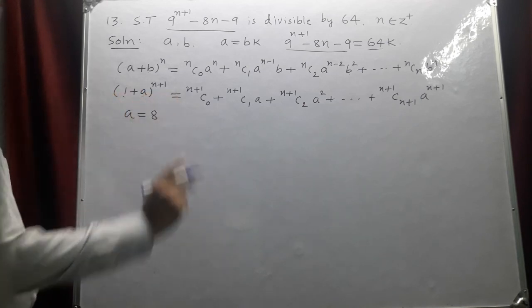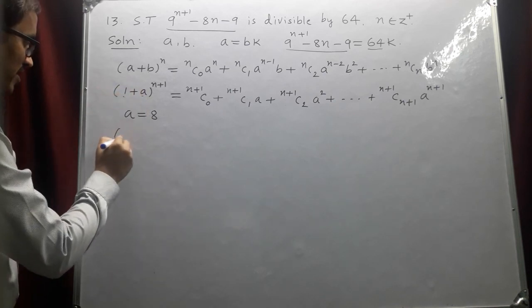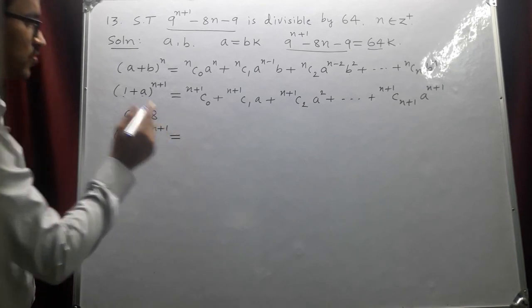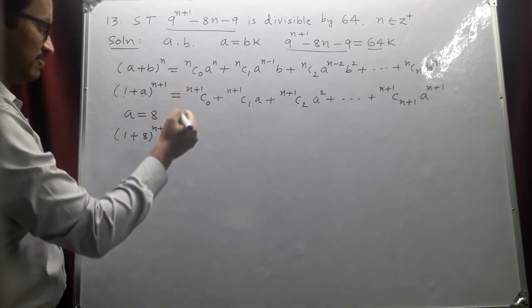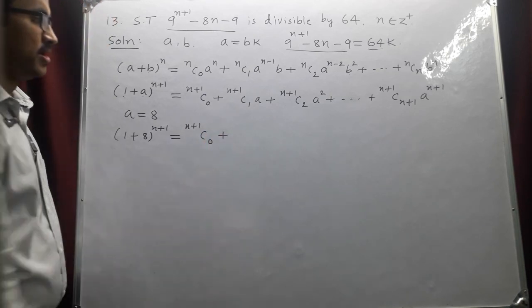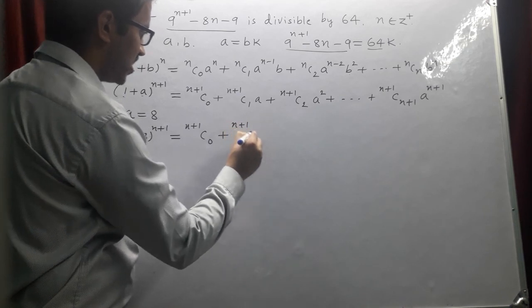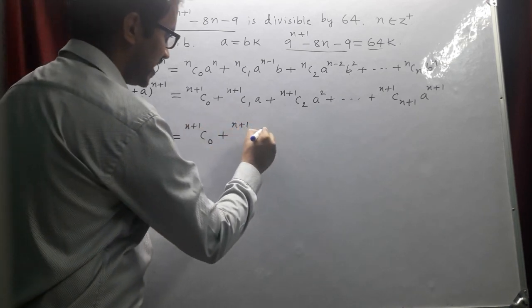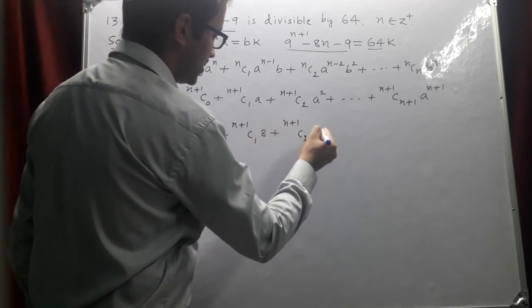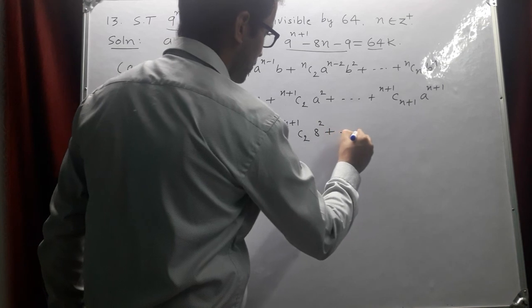In this expansion, the LHS becomes (1 + 8)^(n+1), and the RHS will be (n+1)C0 plus (n+1)C1 times 8, plus (n+1)C2 times 8^2, and so on.